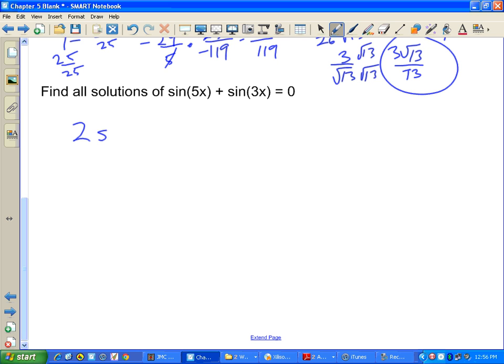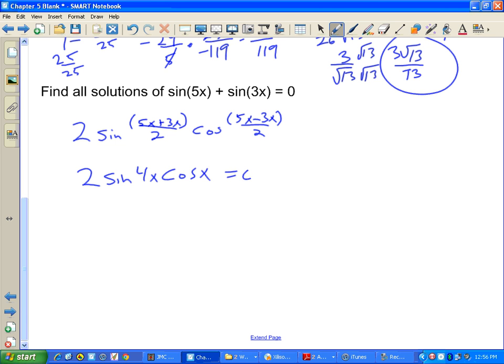So 2 sine of 5x plus 3x over 2 cosine of 5x minus 3x over 2. So I've got 2 sine of, this would be 8x over 2, which would be 4x. This would be cosine of 2x over 2, which is just cosine x, equals 0.